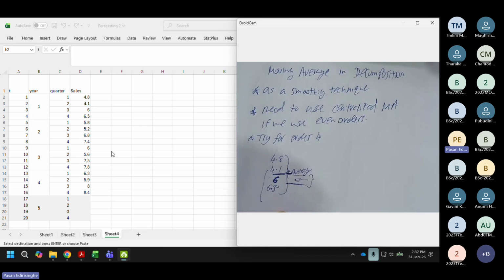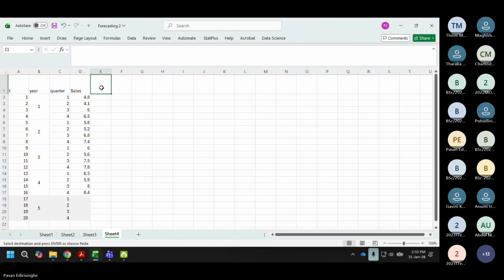So we have to go for the MA4, and then the centralized, we can define it as doing the moving average again. So let me apply that moving average concept here. We can use our software, or manually I can do that calculation here.